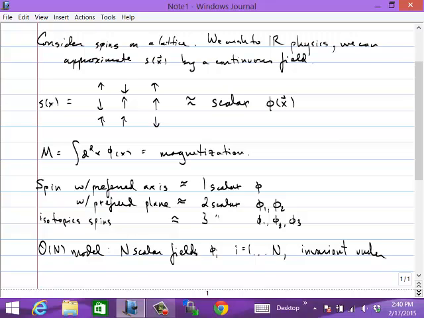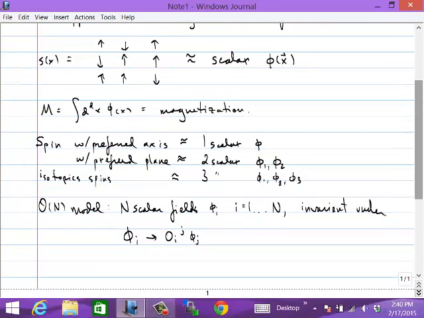This is not a spatial rotation, but a rotation in field space, where phi_i goes to O_ij phi_j, where O_ij is some matrix that sits inside the group O(n). If you haven't seen this notation for the group O(n), that's the n-dimensional orthogonal group, and it has the property that it preserves the invariant inner product delta_ij phi_i phi_j.